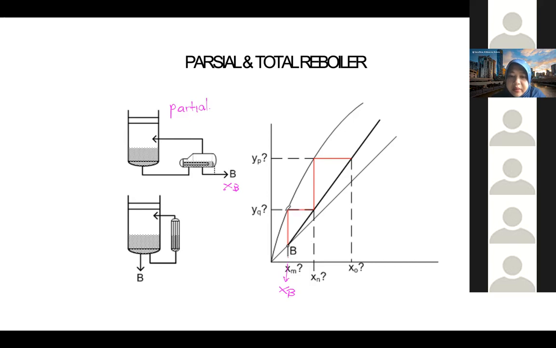And then it correlates to Y reboiler. So this is the Y reboiler. Where is the X?